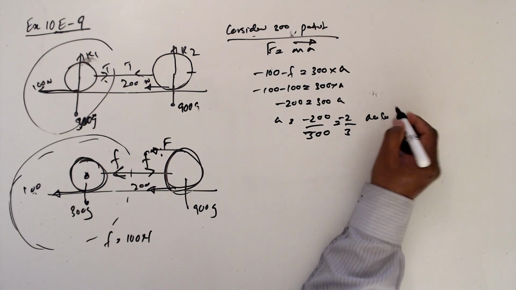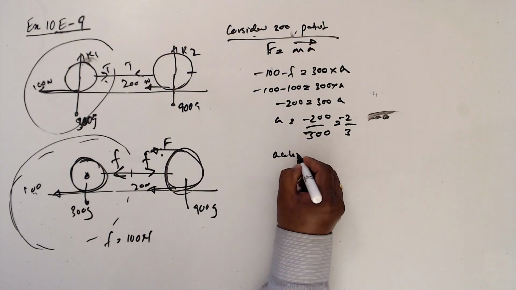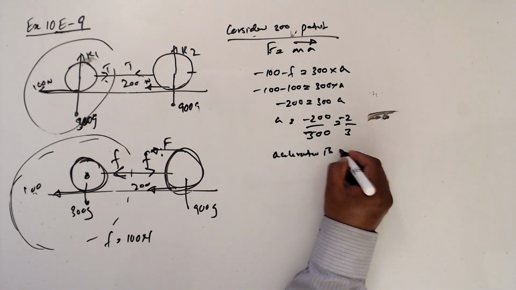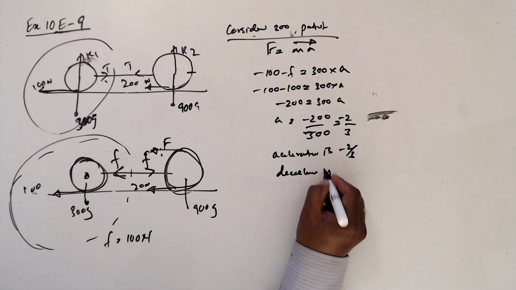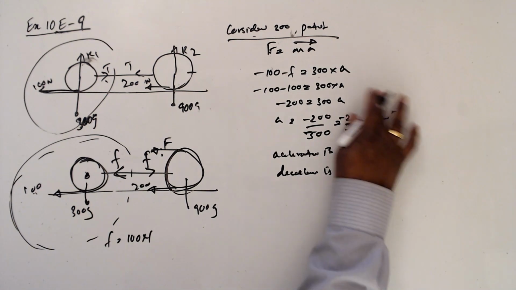So acceleration is minus 2 over 3. Deceleration is 2 over 3.